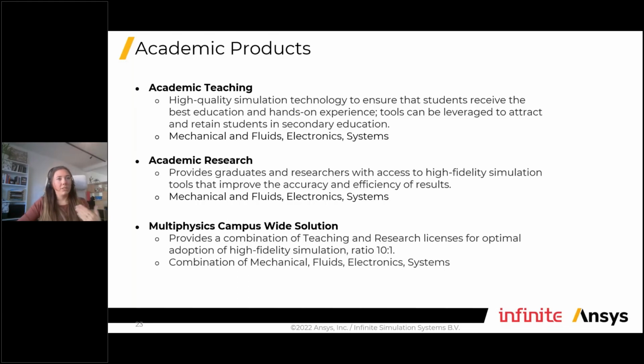So the teaching and the research licensing you choose for a very specific product or group of products, such as the mechanicals or the fluids or the electronics business units. With the Multiphysics Campus Solution, the name says it all, we provide you with teaching licenses and research licenses for all tools. So you will have access to mechanical and CFD and electronics and systems. You will have it all available.